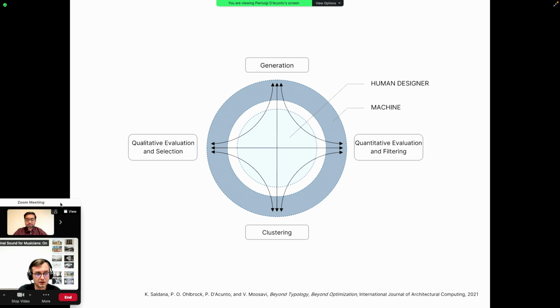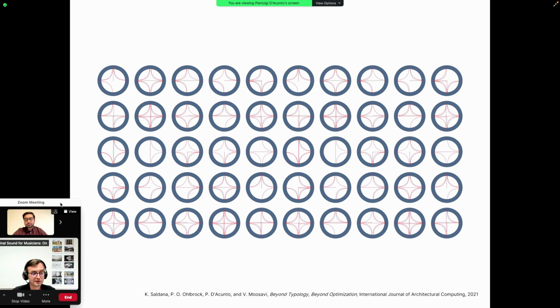And we see here the operation of generation of the design options, the evaluation, in this case separating the quantitative evaluation and the qualitative evaluation, because they're performed by the two actors in the process, in one case the human, in the other case the machine, and then the clustering operation that is used to allow the human designer to grasp this huge design space of possible solutions. Obviously, the design process is not linear, it's not sequential. Each of these operations can be performed in a non-sequential way, repeated several times in a non-linear fashion.